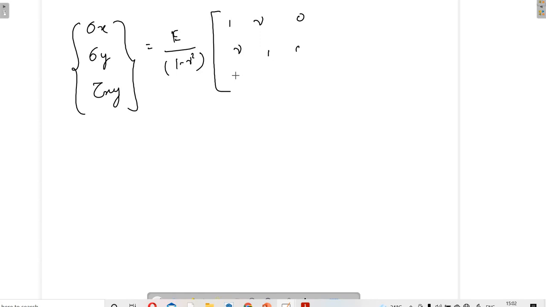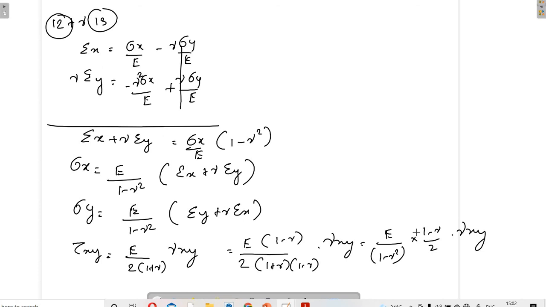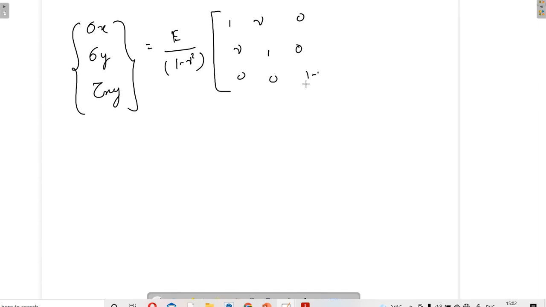So nu, 1, 0, 0, 0, and the last derived term is 1 minus nu by 2. I am going to fill here 1 minus nu by 2, multiplied by epsilon x, epsilon y, gamma xy.